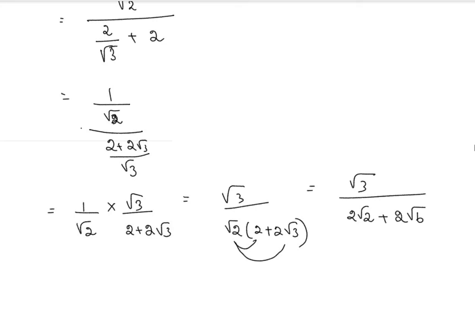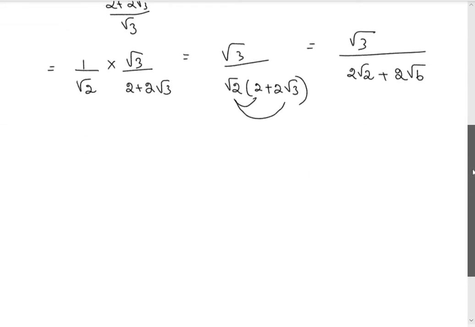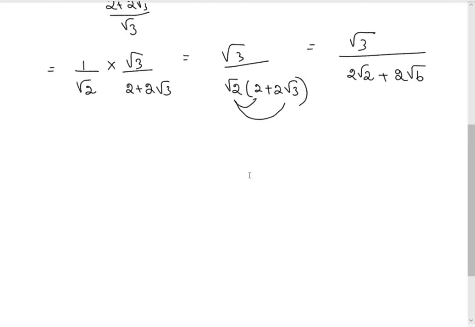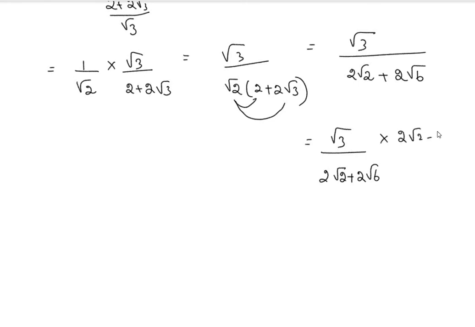Okay. So in the next step, I'm going to take the conjugate. When I take conjugate, what I'll be getting? Root 3 by 2 root 2 plus 2 root 6 into 2 root 2 minus 2 root 6 by 2 root 2 minus 2 root 6.